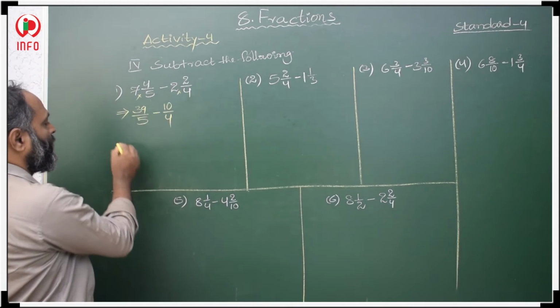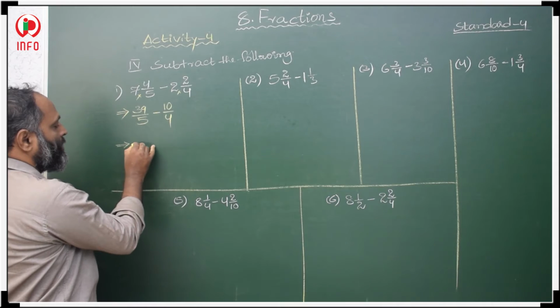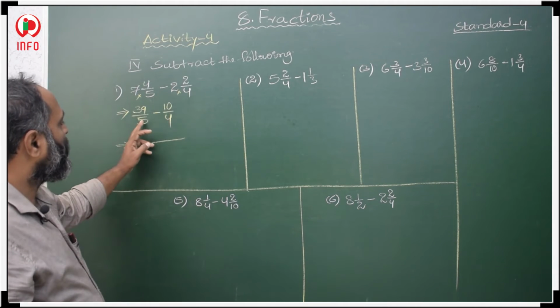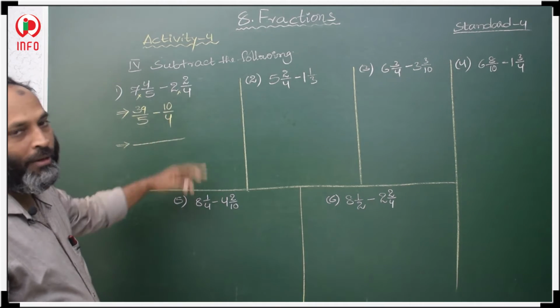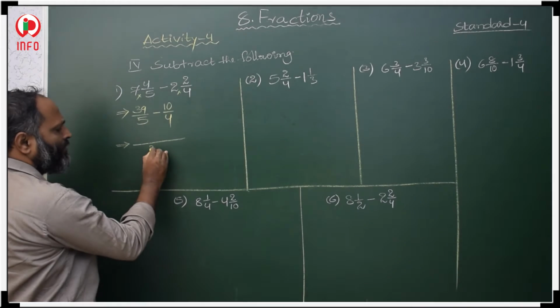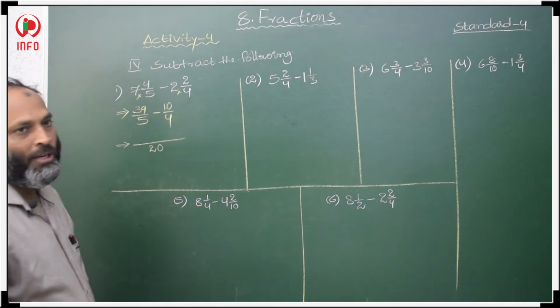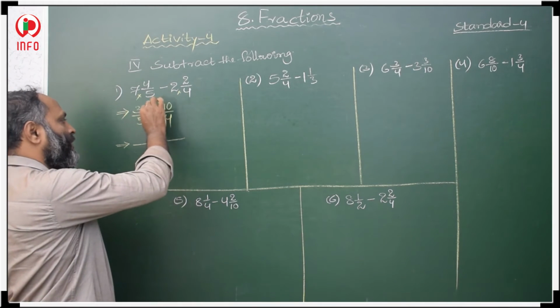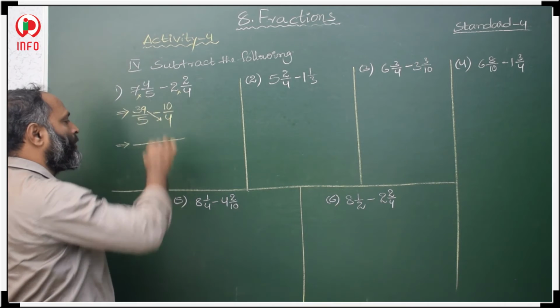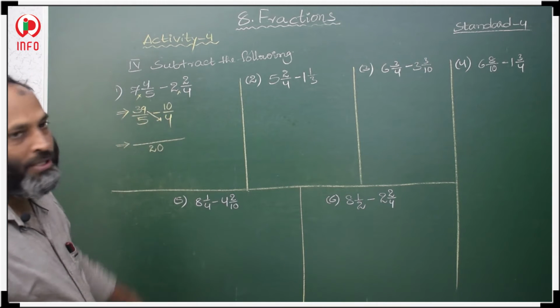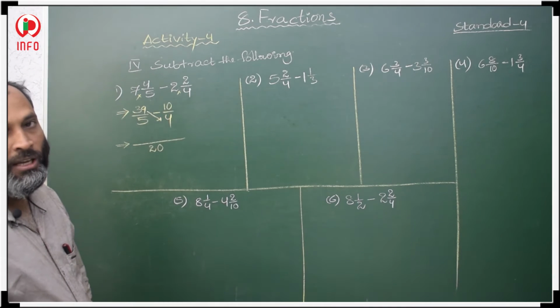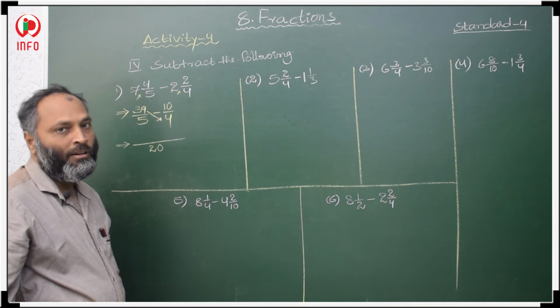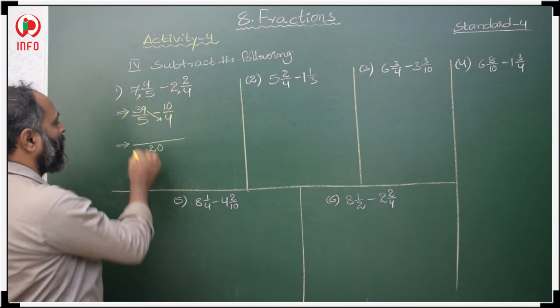Then after that what do we do? Now we multiply the denominators 5 and 4. 5 4s are 20. Now cross multiplication. So multiply the first fraction numerator with the second fraction denominator. 39 4s are how much? 156.